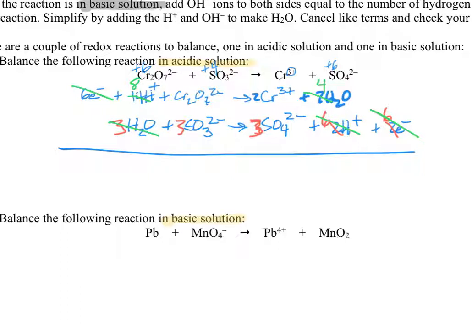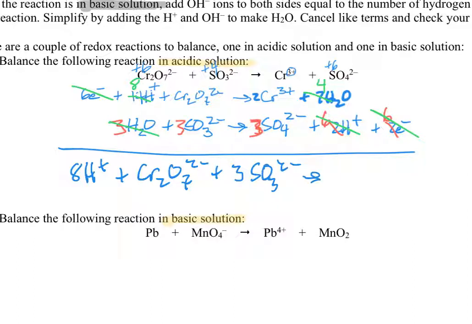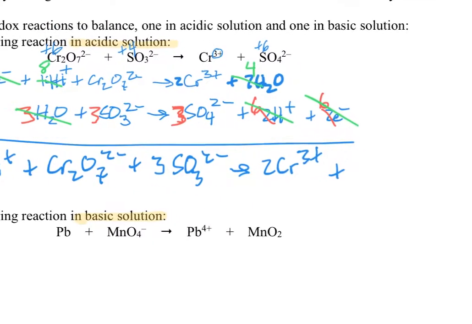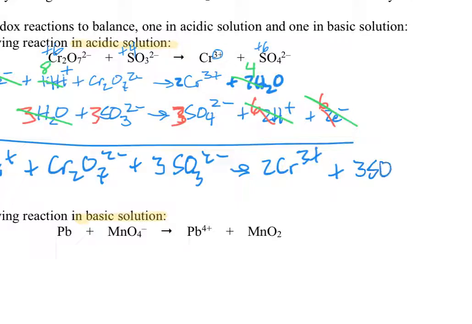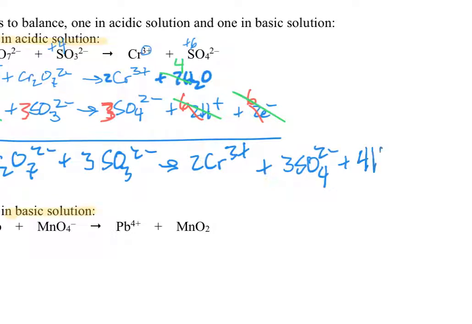All right, and so now I'm going to add the 2 half reactions together to write my final overall oxidation reduction reaction. And what I'm going to have is 8H+, let's see, Cr2O7 2-, plus 3SO3 2-, goes to form 2Cr3+, 3SO4 2- plus 4H2O.